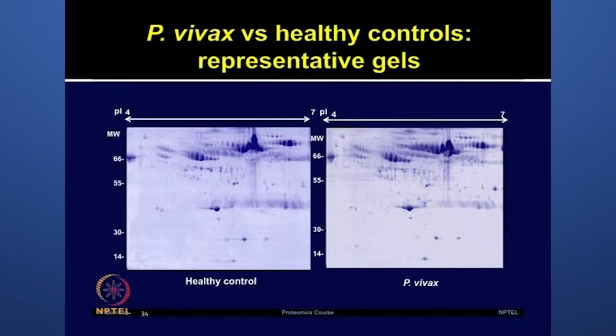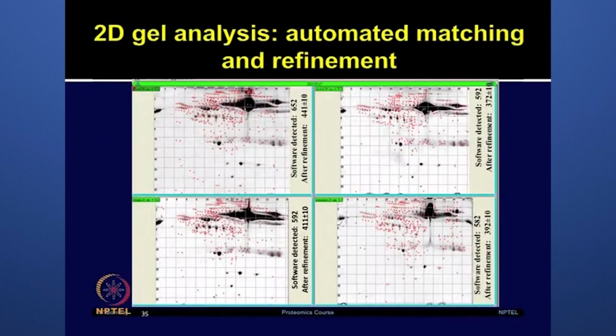So, these samples, as you can see, showed a large number of protein spots resolved on these gels, and then after separating these protein samples on these 2D gels from various patients and controls, the most challenging task was the data analysis. So, automated matching as well as manual refinements were performed to obtain how many spots are significantly modulated due to vivax infection.